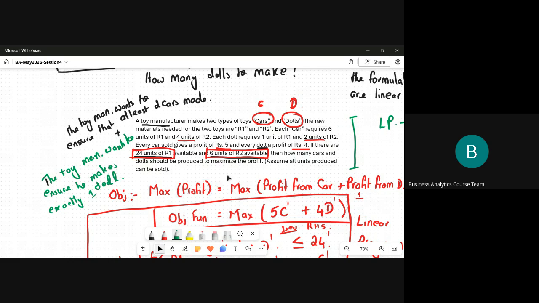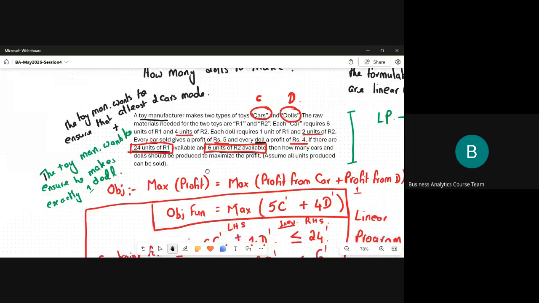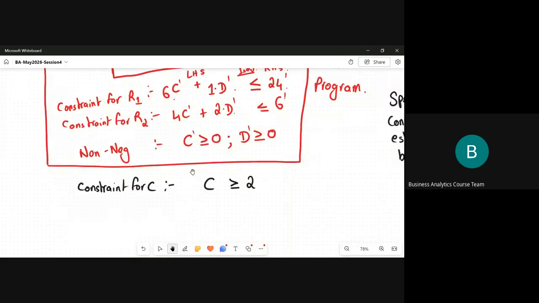Then what will be the constraint that gets added? D equal to 1, exactly. Constraint for D: D will be equal to 1.